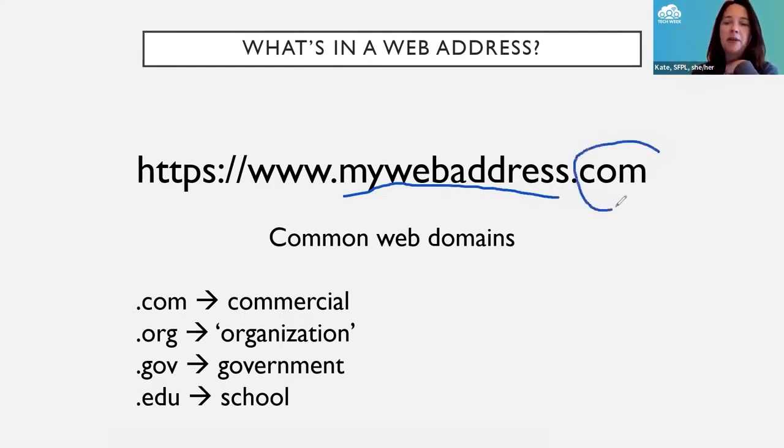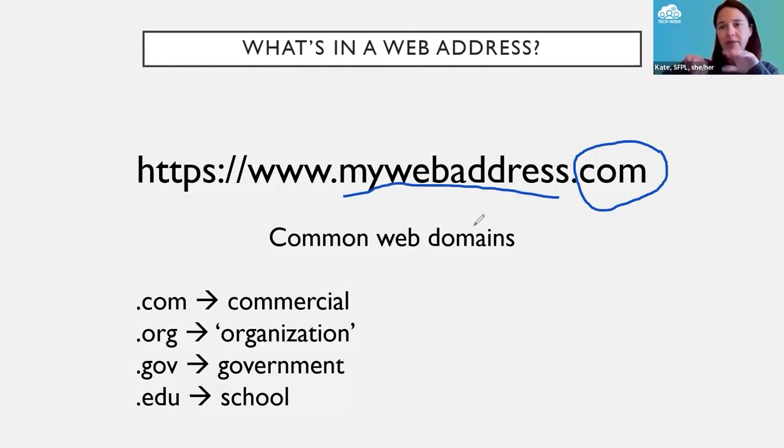And then this part, the top level domain, can tell you what kind of website that is. Every website will be something, something, something, .com, .org, .gov, .edu. .net is out there. You might see .tv. There's a lot of dots, but it'll always be something, .something.